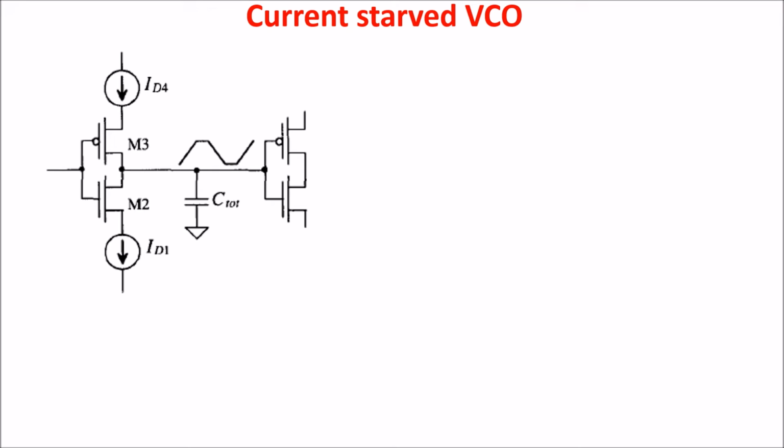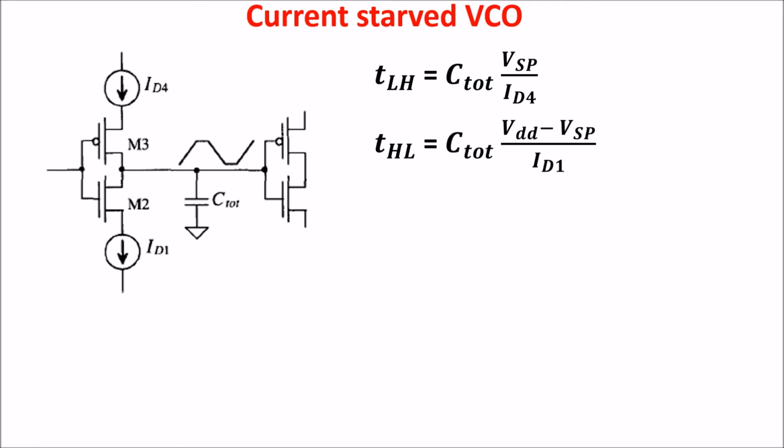Let's calculate the oscillation frequency as a function of the current, so let's focus between two stages of inverters. The total period is given by the time it takes to charge the total capacitance from 0 to the switching point VSP with a constant current ID4, plus the time it takes to discharge the total capacitance from VDD to the switching point VSP with a constant current ID1.